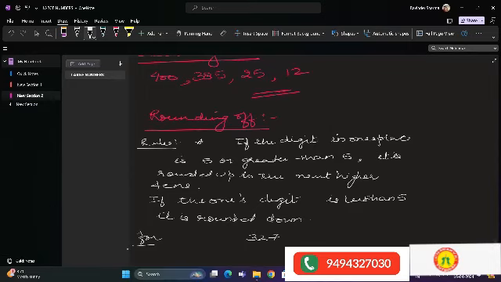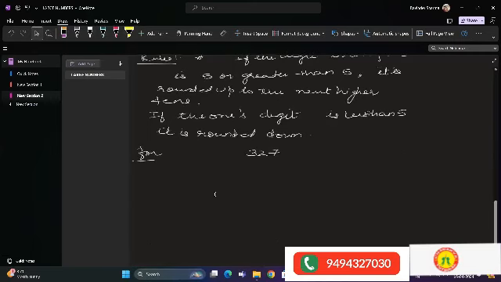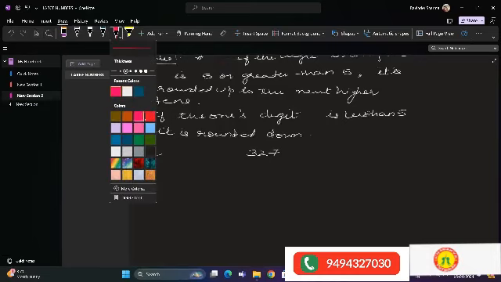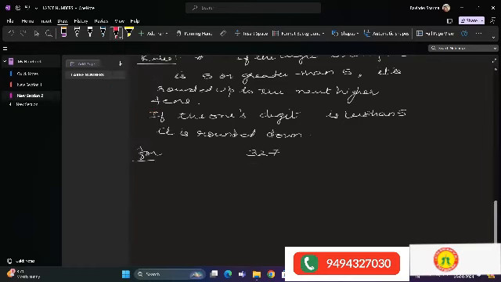For example, suppose we are having 327. Just check its ones place digit. What is its ones place digit? Ma'am, it will be rounded to 330. Yes, see, 7 is greater than 5. And I have written it is rounded up to the next higher tens.